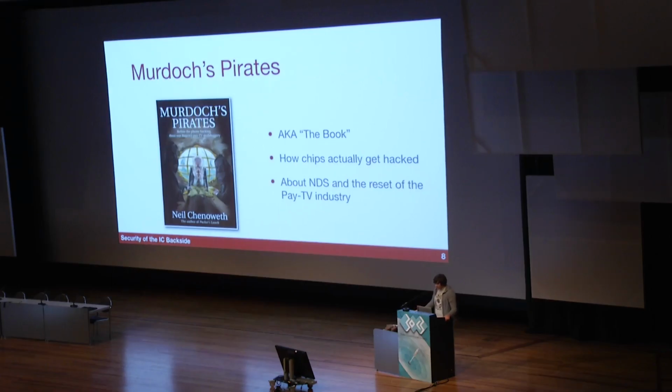It's basically how chips actually get hacked, because a lot of times when you look at academic publications, they talk about side channels and how it takes millions of traces and hours of integration, et cetera. In the real world, everyone wants to have success the first time, and they don't want to tinker with this, so they get out the bazooka and do what is surely going to work. So, let's get into that.